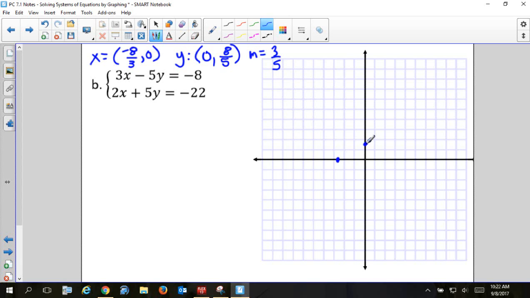I would maybe suggest let's use the slope to find a couple more points. So you can use the slope off of either of these, and we're going to go up 3 over 5. Just be as accurate as you can. Or we could go down 3, left 5.